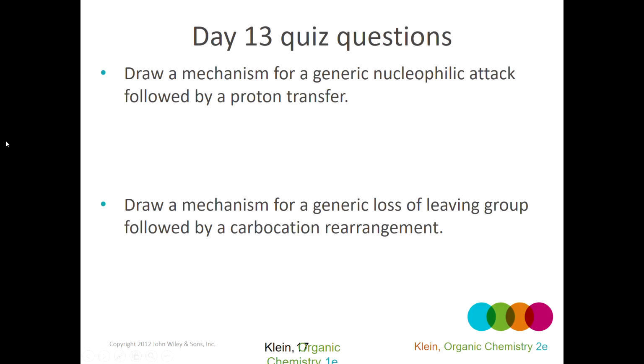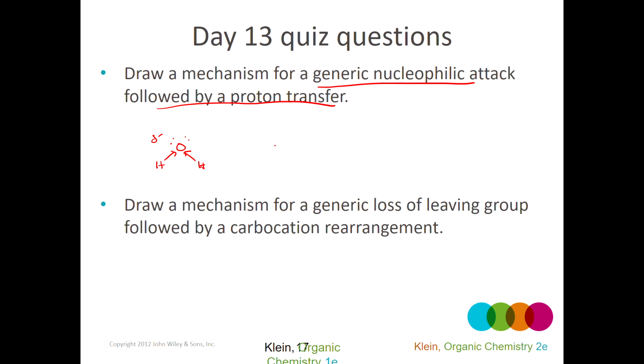when you're looking for carbocations and ways to shift them to make them more stable. So in the next quiz question, I just want you to draw any kind of nucleophilic attack followed by a proton transfer, if your nucleophile has a proton attached to it, like a water, would be a great example of that. If there's a hydrogen, and this oxygen is slightly nucleophilic because it's pulling the electrons away, creating a partial negative.